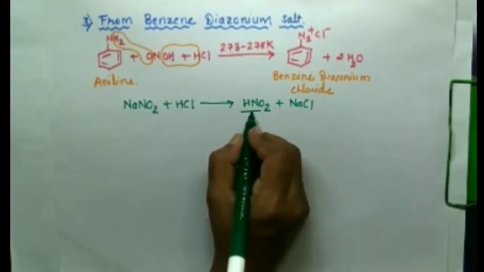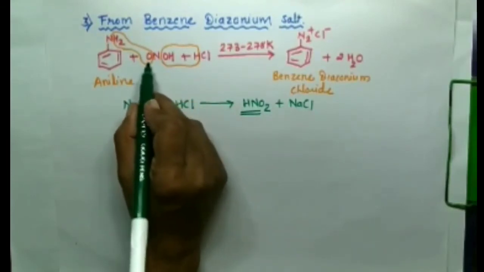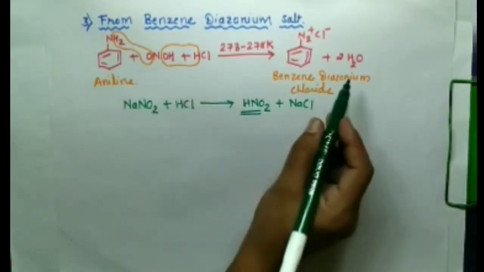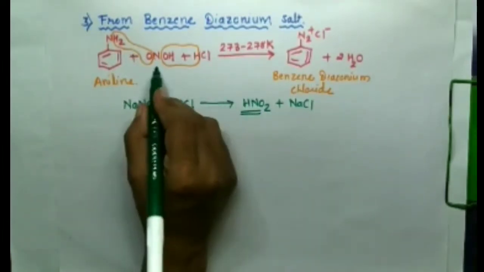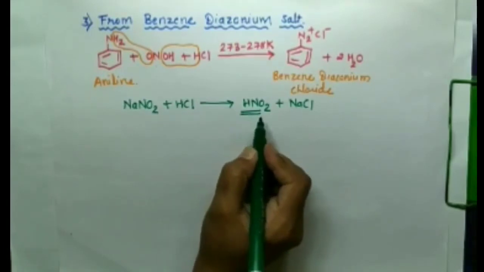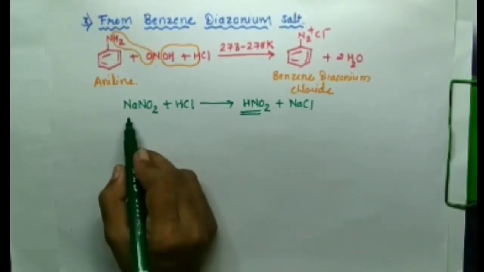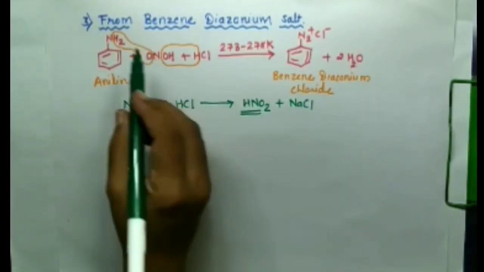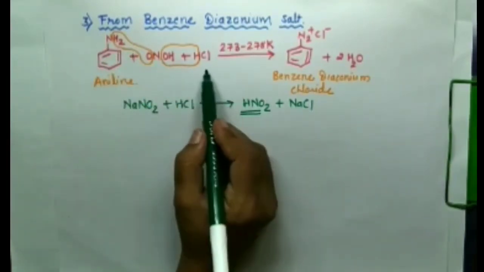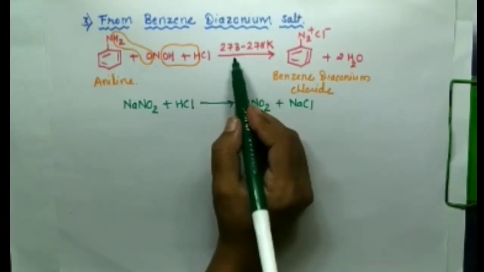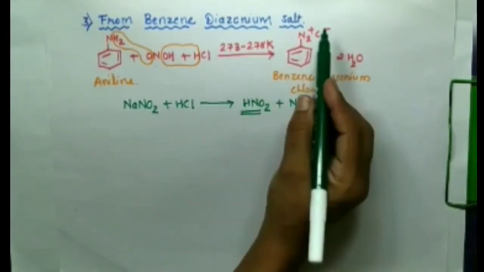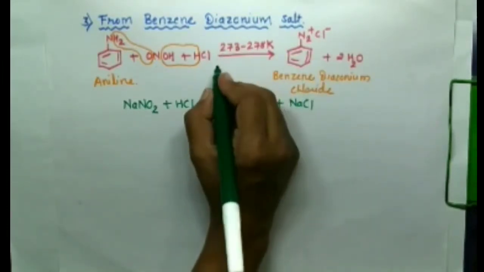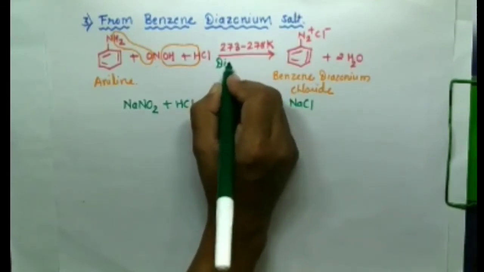This HNO2, nitrous acid, I have written here as ONOH just to show the elimination of a water molecule, but this is HNO2, and this is prepared from a mixture of NaNO2 plus HCl. That will be reacted with aniline in presence of HCl at 273 to 278 Kelvin temperature, and we will get benzene diazonium chloride, and this reaction is called diazotization.